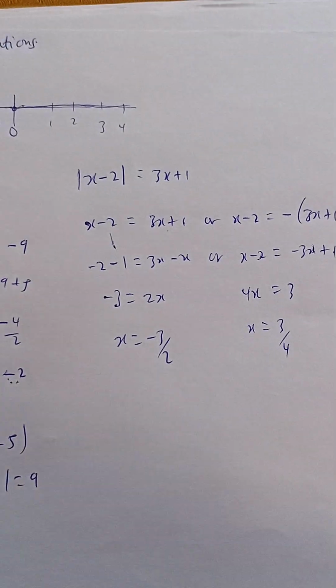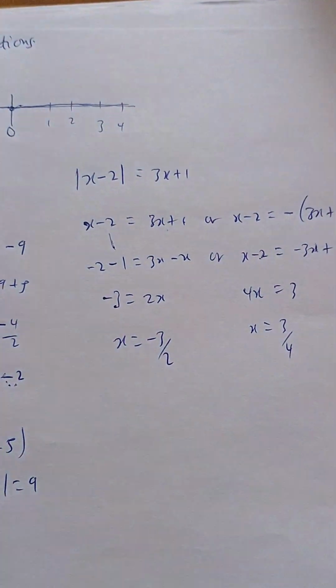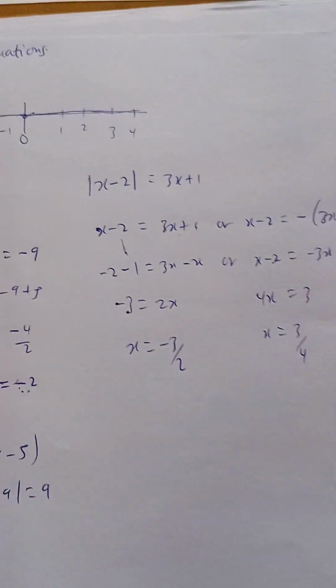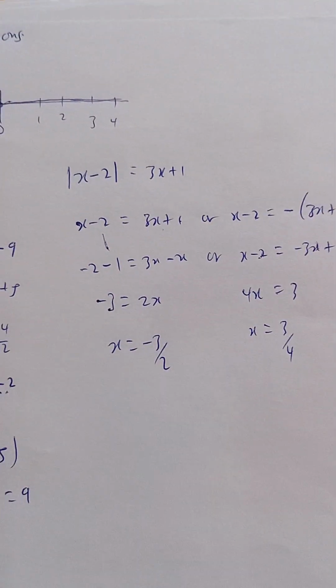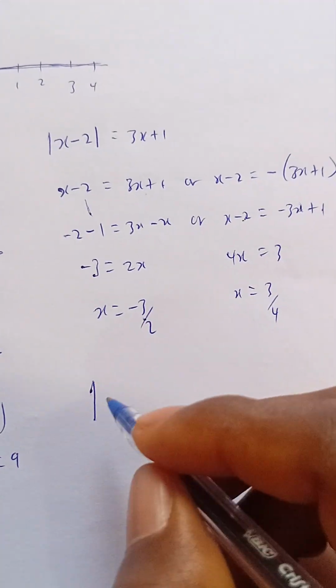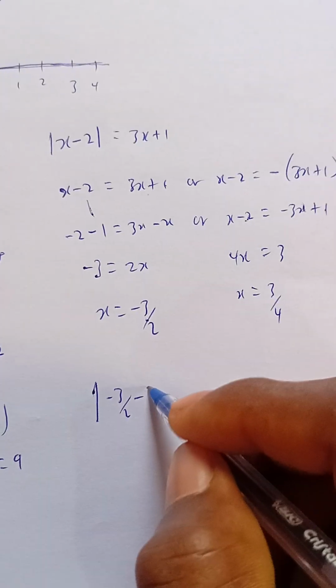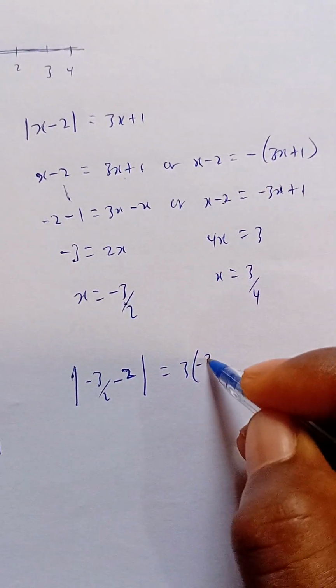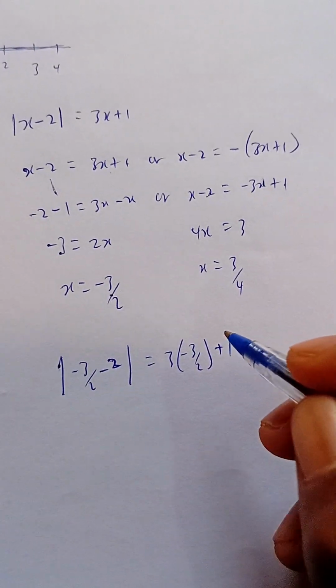So after finishing, we have to verify our answers. So let's check the first one. Absolute value of -3/2 minus 2. Is it the same as 3 times -3/2 plus 1?